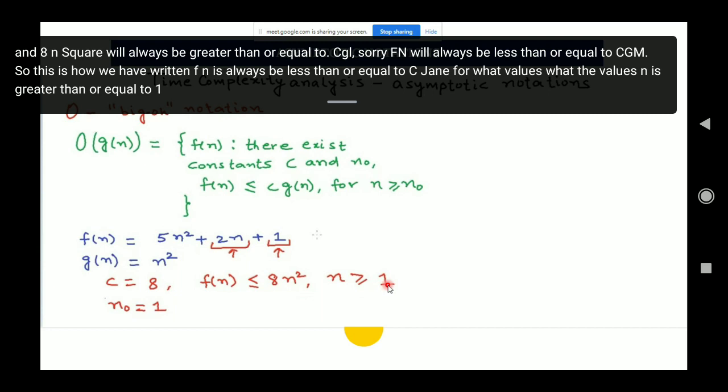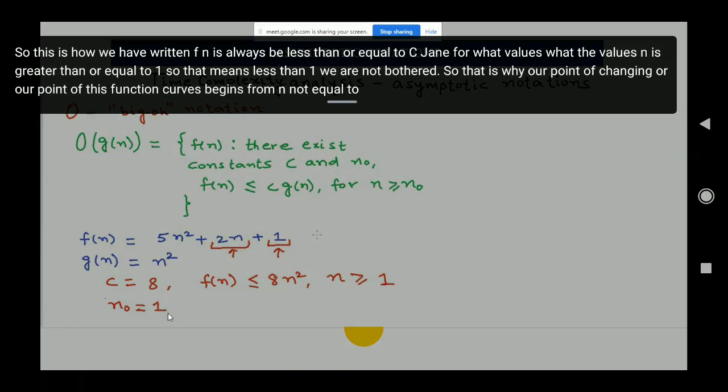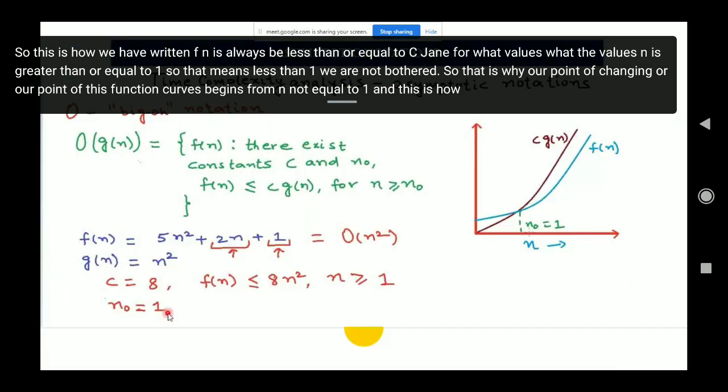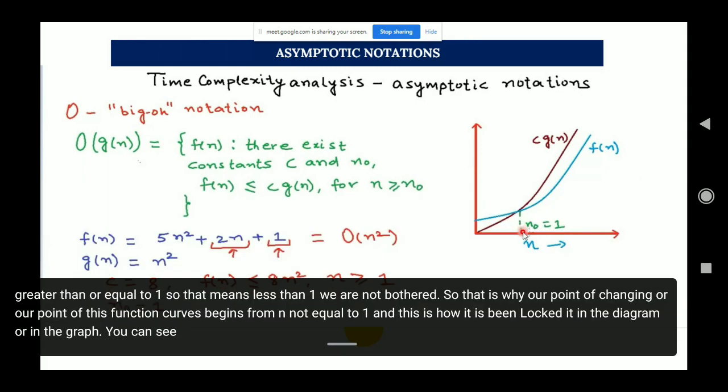So for n less than 1, we are not bothered. That is why our point of these function curves begins from n naught equal to 1. And this is how it has been plotted in the diagram or in the graph. You can see when n naught becomes 1, then this inequality exhibits its properties.